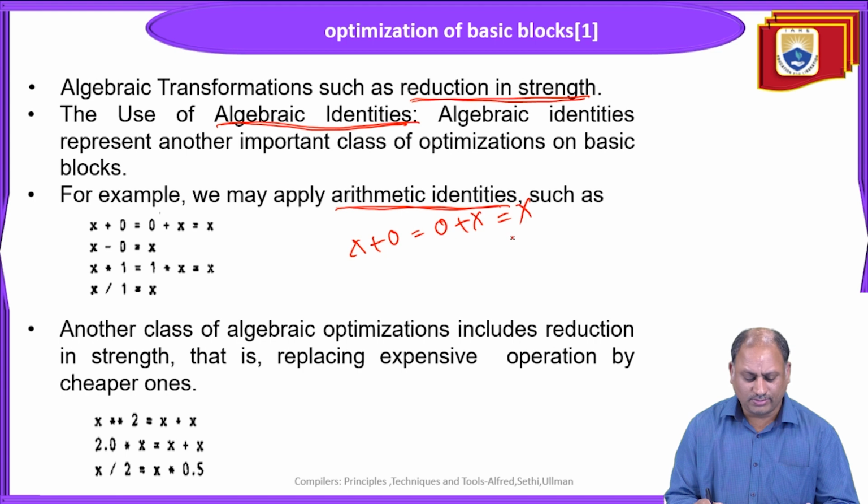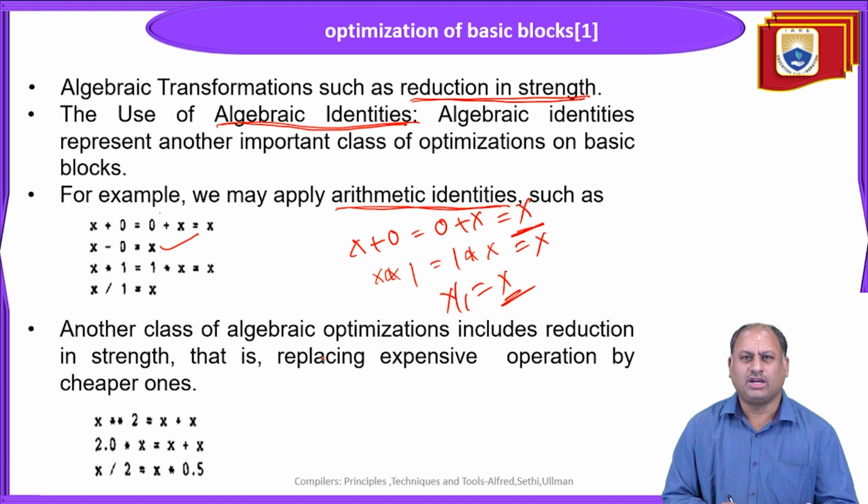So instead of performing the operation, we can apply this arithmetic identity. And x minus 0 equals x, x star 0 equals 0 star x, x star 1 equals 1 star x, which is equal to x, and x divided by 1 equals x.